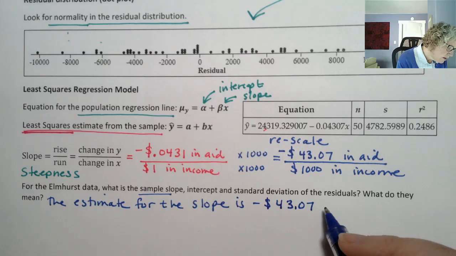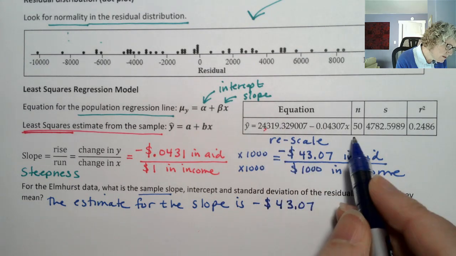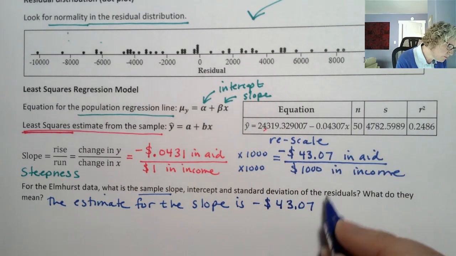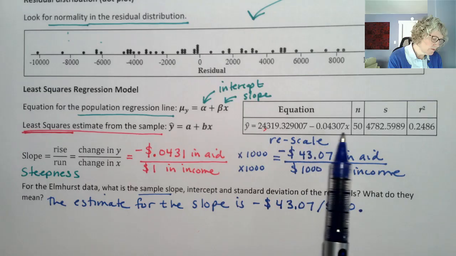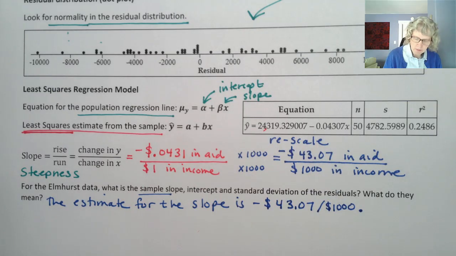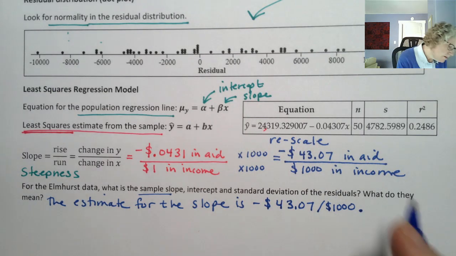43.07. And so I have rescaled this. So I'm just going to put over 1,000 to show that I've rescaled that instead of over 1. If I didn't rescale it, I could just give that decimal right there, but I don't want to be confusing. And then we'll explain it more.